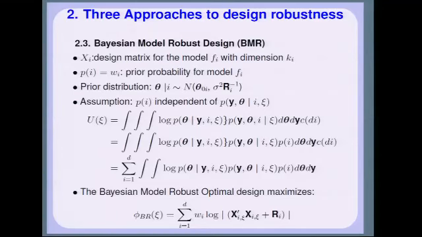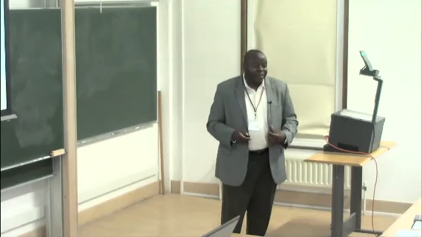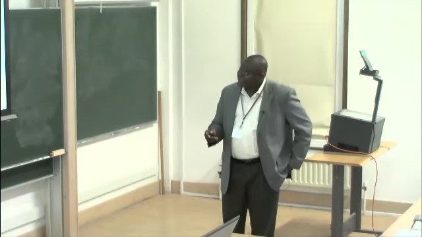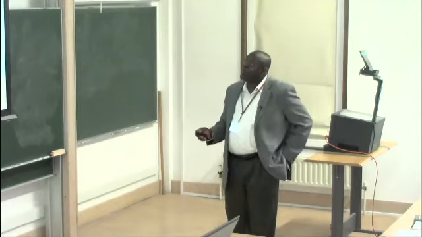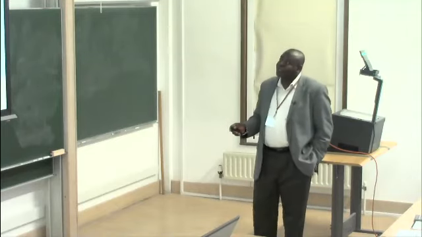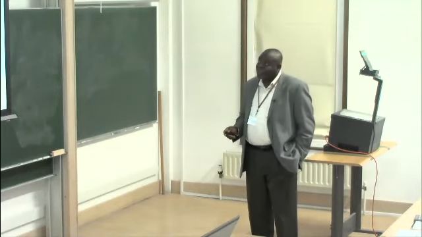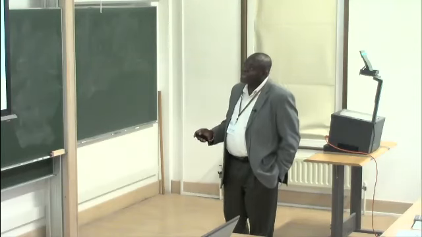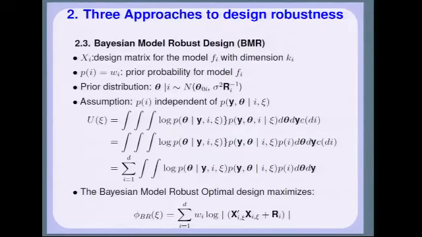And there are prior probabilities associated with these models based on how plausible they are in the model set. We also assume some prior distribution on the parameters. So based on that, and with this assumption here, we have this criteria.